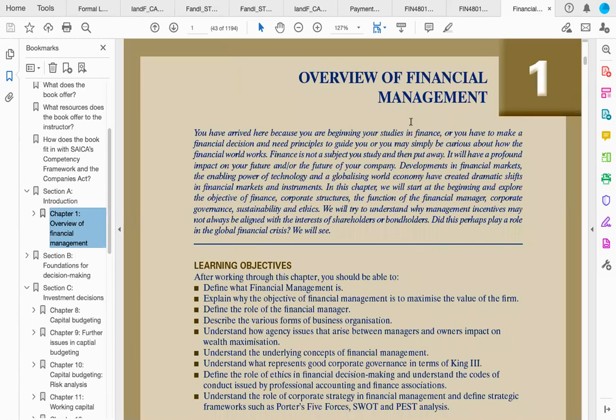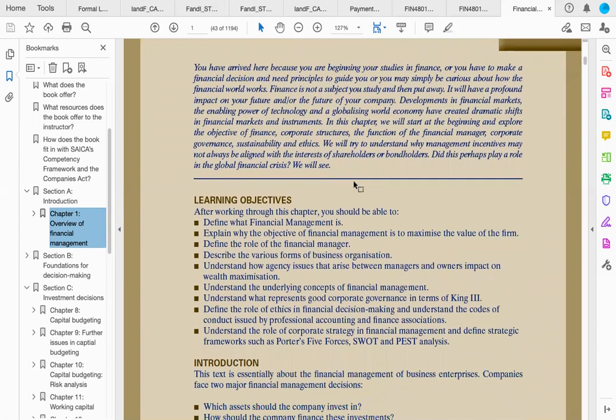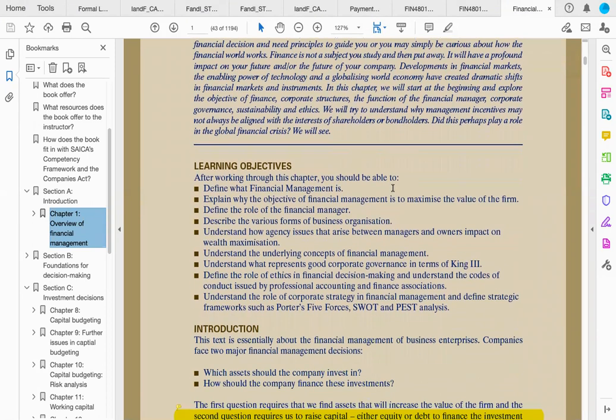A lot of the things I'm going to discuss in this chapter are things that you're most likely going to be familiar with from your previous studies in financial management or even strategic management or other modules closely related to financial management.